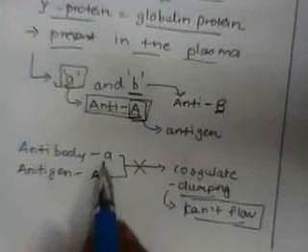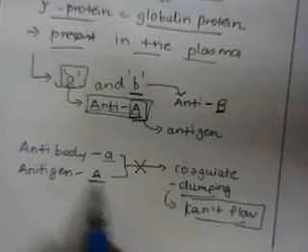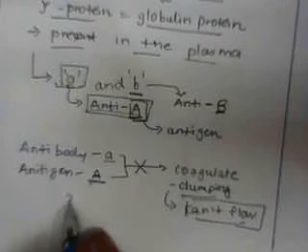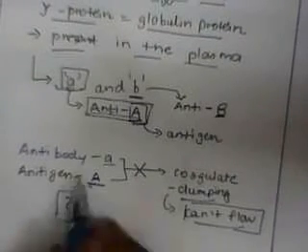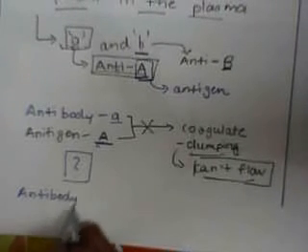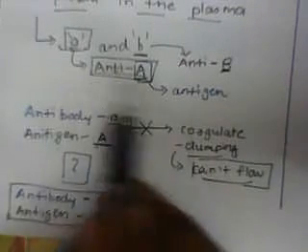So, if antibody A and antigen capital A cannot exist together, then what can exist together? Maybe you've already guessed. If we use antibody small a and antigen big B, then they can exist together because, as I have written here, B is anti-B and A is anti-A.